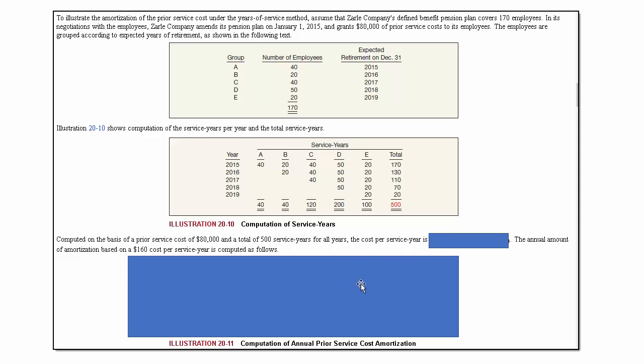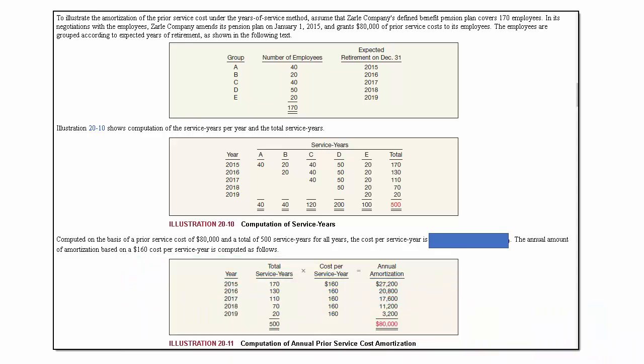I'll move this off the screen for you. You can see the solution. Okay, the cost per service year is $160, and how we calculate that is we simply take the $80,000 divided by the 500.